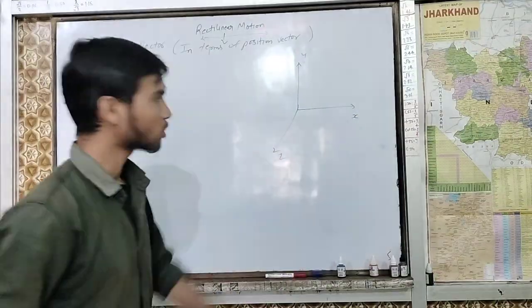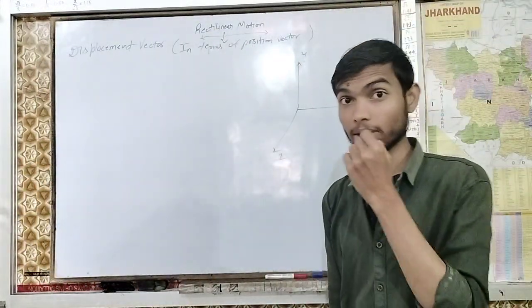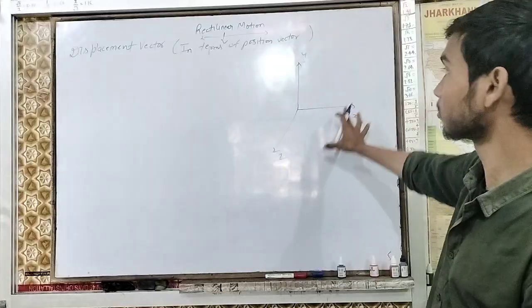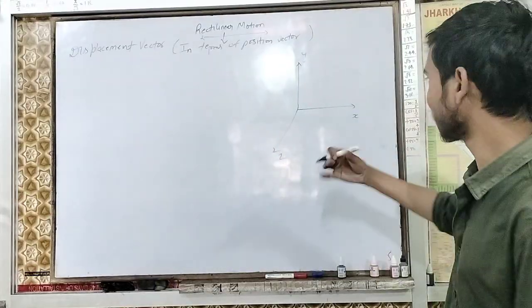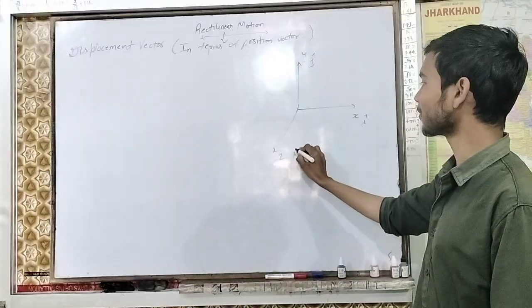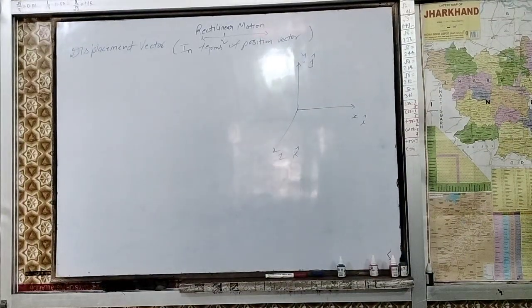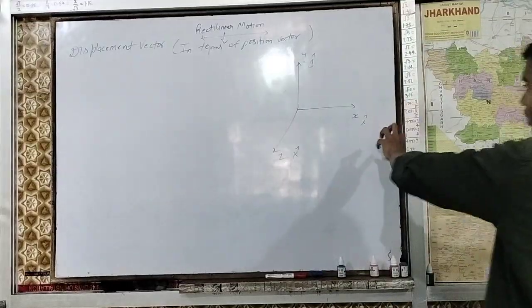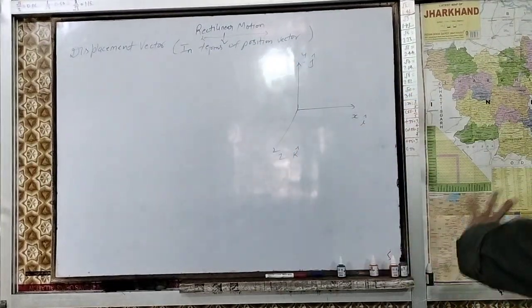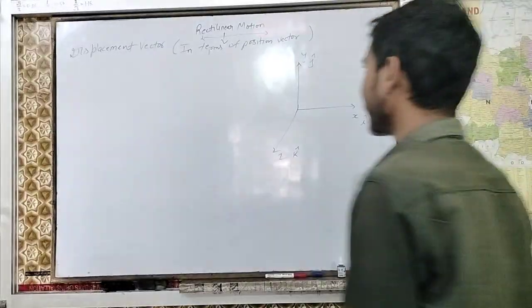Remember, this x, y, z is written for the Cartesian, but when it comes to vector, we replace them with i cap, j cap, k cap. I hope you remember this thing. When it comes to vector, we just need to replace these x, y, z coordinates by i, j, k. Okay.